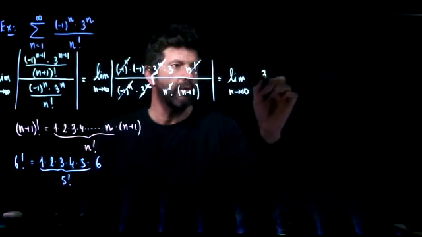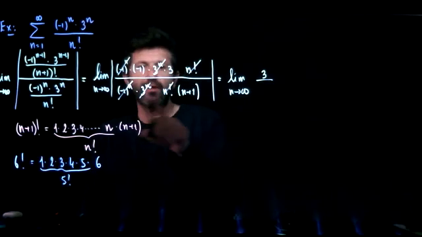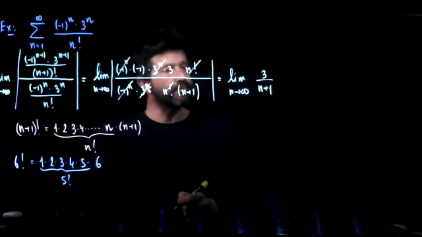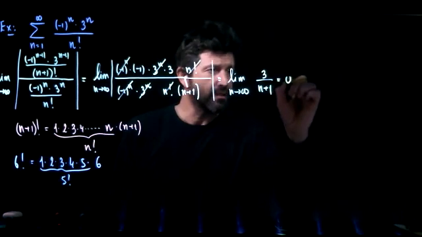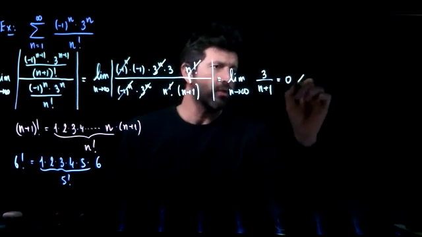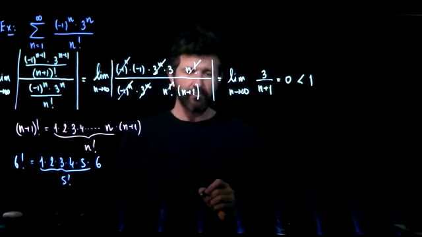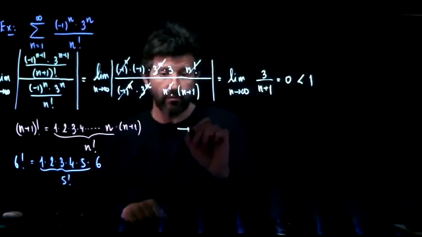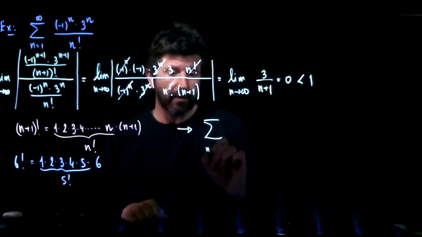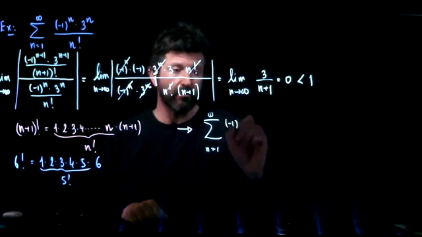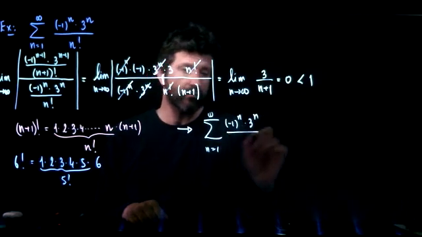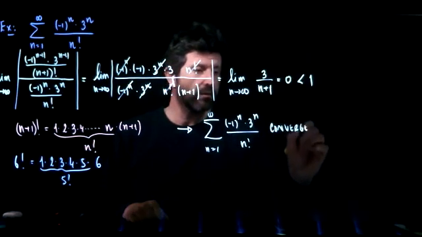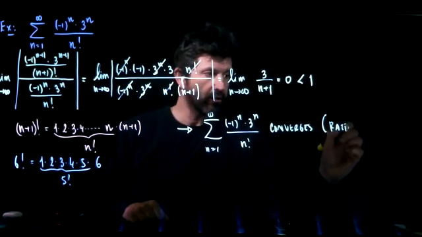So 3 over the absolute value of n plus 1, which is just n plus 1, because, of course, n is positive. And this is 0, right? 3 over infinity is 0, which is less than 1. And so my series converges. Okay, so my series n equals 1 to infinity, negative 1 power n times 3 power n over n factorial converges by the, and you have to write, ratio test.